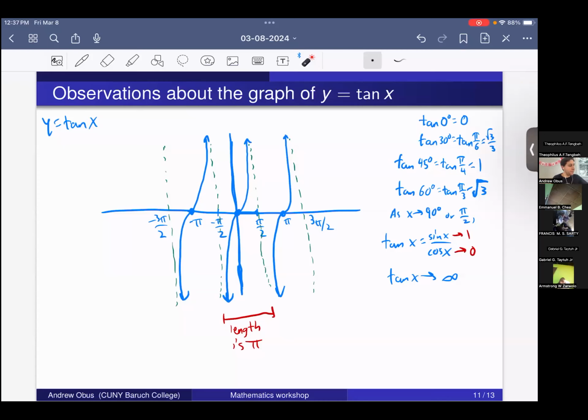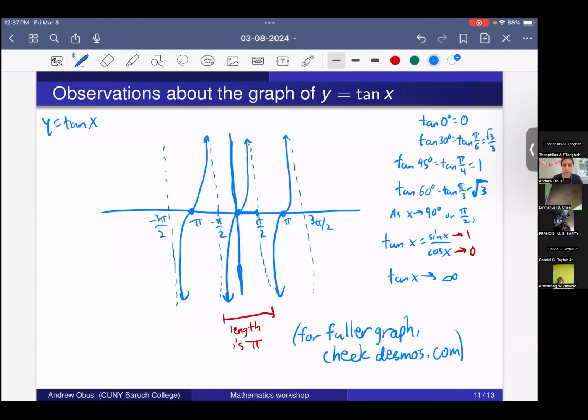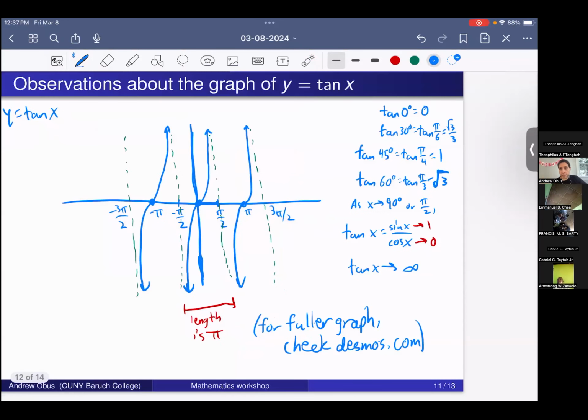So this is what we have, so I can say, for fuller graph, check desmos.com. Okay, all right, so that's it for today.